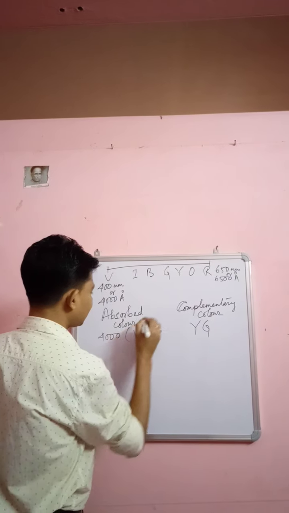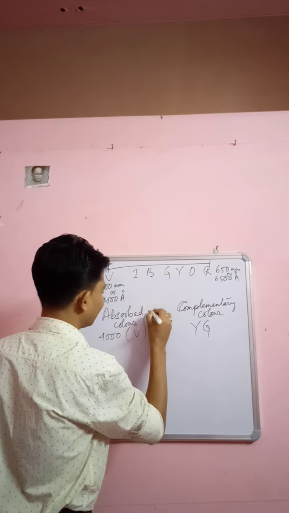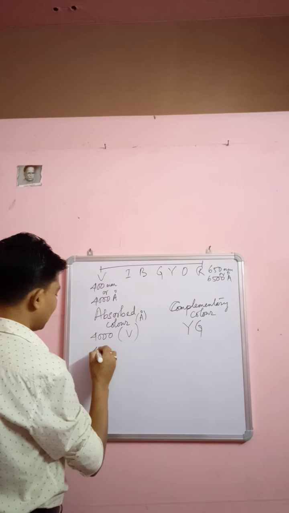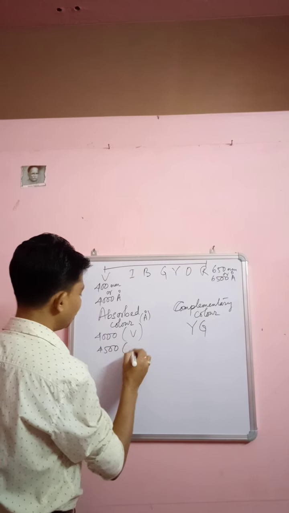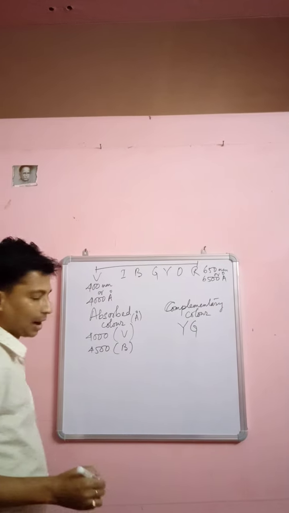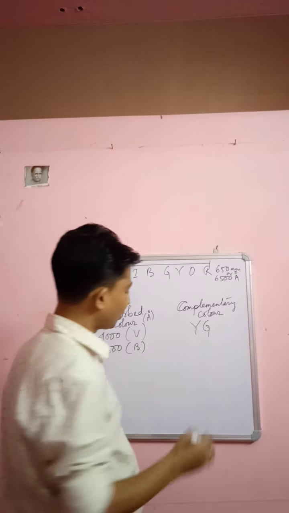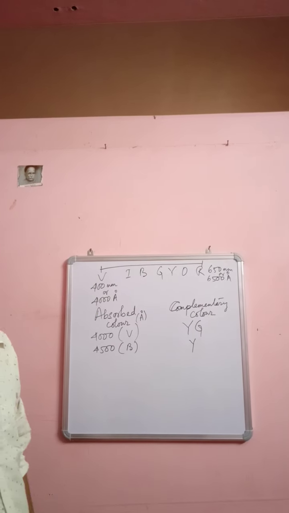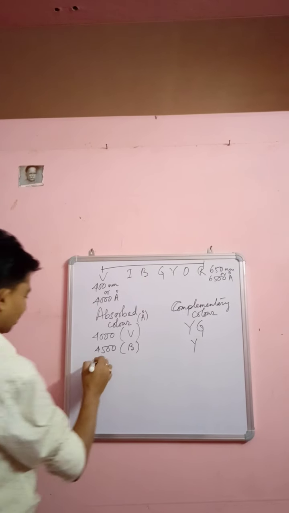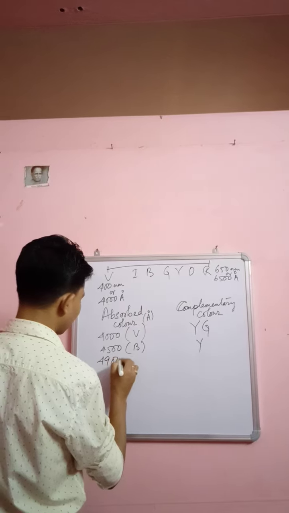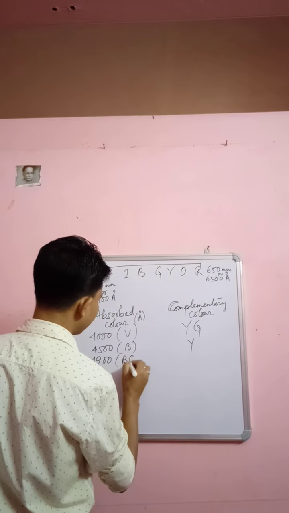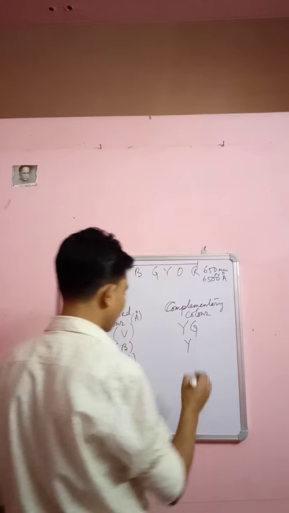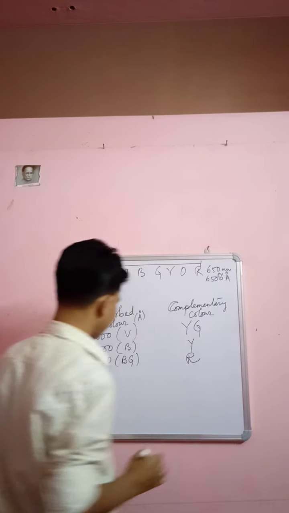Now if it goes with 4500 angstrom, means it is going with blue color, it will come back with yellow color, only yellow color. If it goes with 4900 angstrom, that is bluish green color, it will come back, the complementary color which it will show will be red.